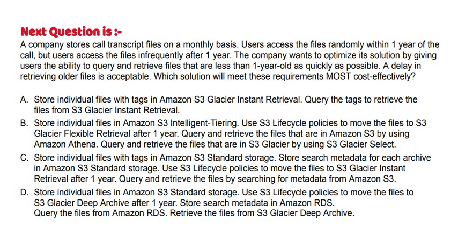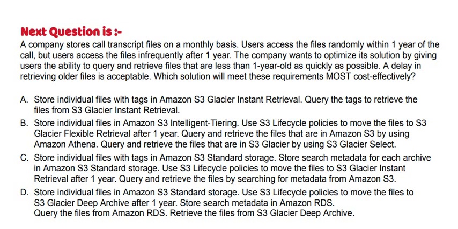Option C: store individual files with tags in Amazon S3 Standard Storage. Store search metadata for each archive in Amazon S3 Standard Storage. Use S3 lifecycle policies to move the files to S3 Glacier Instant Retrieval after 1 year. Query and retrieve the files by searching for metadata from Amazon S3.